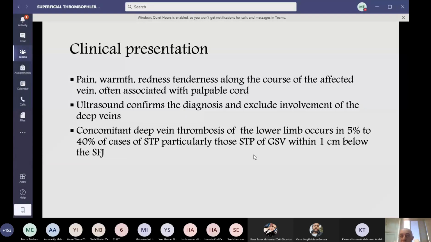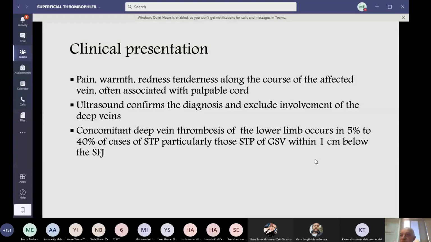As we have said, the saphenous vein ends in the common femoral vein at the saphenofemoral junction, 4 centimeters lateral to the pubic tubercle. If the great saphenous vein gets involved by superficial thrombophlebitis and it extends to reach the saphenofemoral junction, it may extend into the common femoral vein.